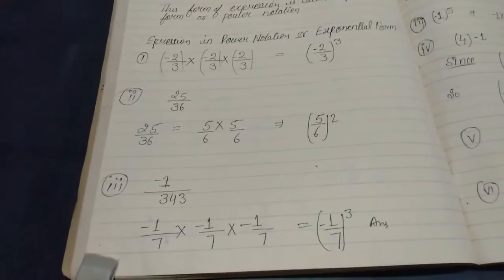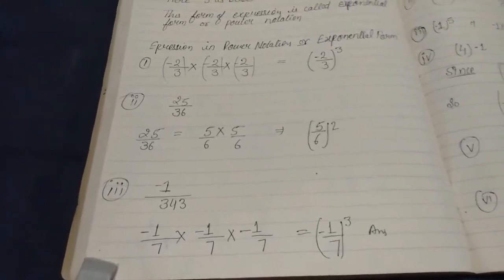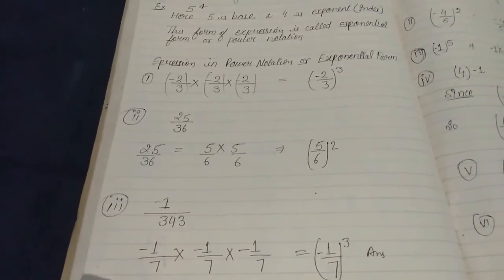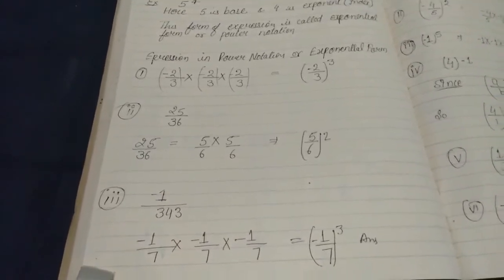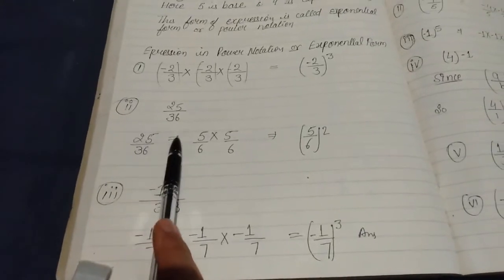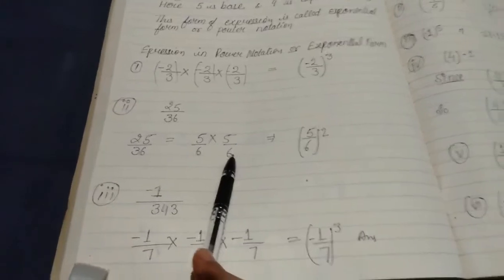Next is 25 upon 36, and we want to convert it in exponential form. So firstly we will convert it in lowest form, or we can say in the factor form. Like we can write 25 as 5 into 5, and 36 we can write as 6 into 6.